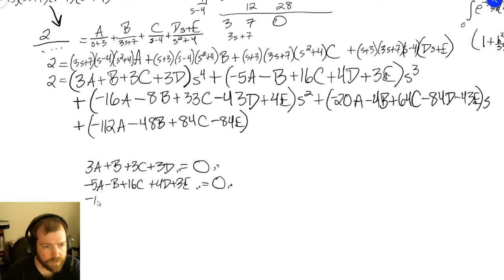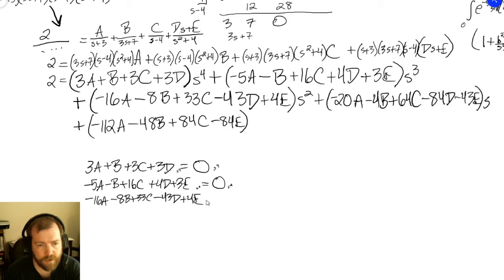Negative 16a minus 8b plus 33c minus 43d plus 4e s squared must be equal to 0. Negative 20a minus 4b plus 64c minus 84d minus 43e times s is equal to 0.